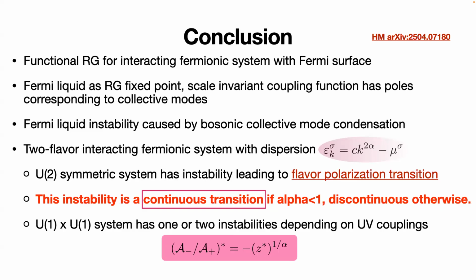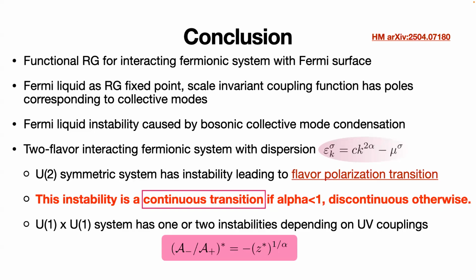The condensation of the spin mode can lead to some flavor polarization phase, and the transition is continuous when the dispersion is less than quadratic and is discontinuous otherwise.